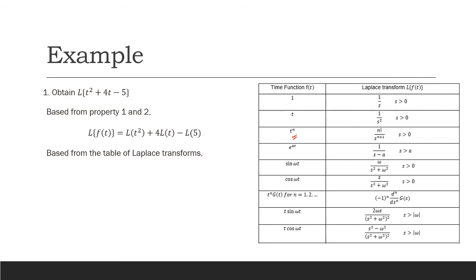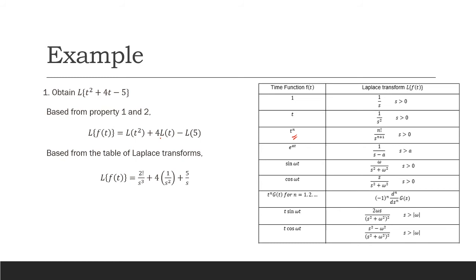Ang Laplace niya is n factorial over s raised to n plus 1. So, substitute lang natin yun dito, palitan lang natin siya ng ganyan. So, ang n natin dito is 2. So, therefore, for the first term, ang Laplace niya is 2 factorial over s cubed.